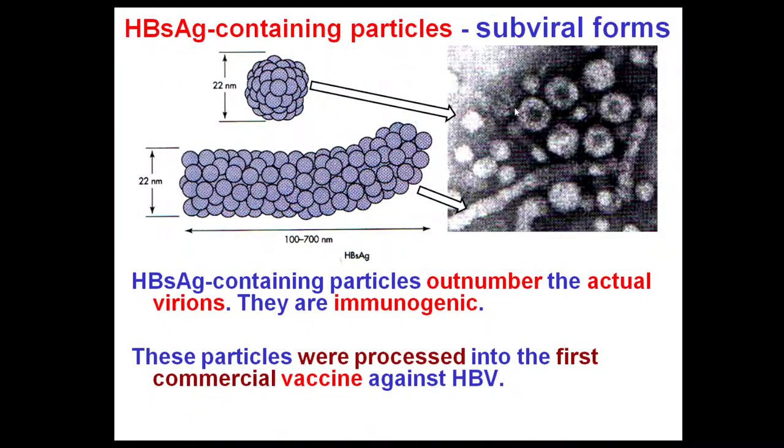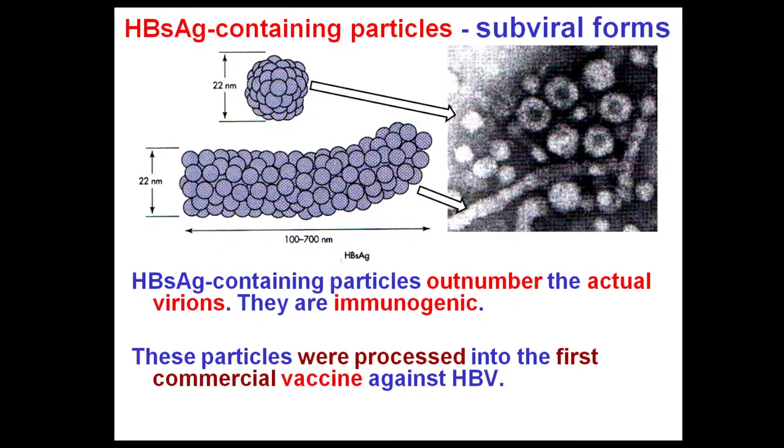You can see here that these are the subviral forms of hepatitis B, and these particles usually outnumber the actual virions. You can see here very few true virions with the electron-dense core, and they are outnumbered by the non-infectious virus particles.